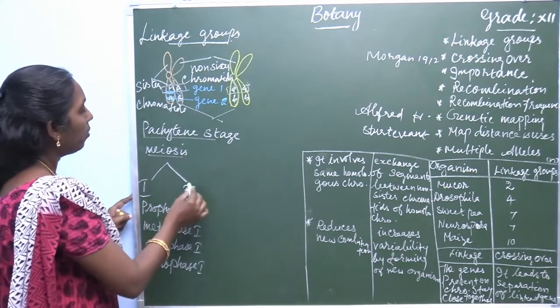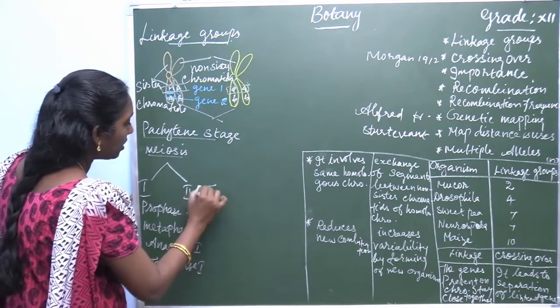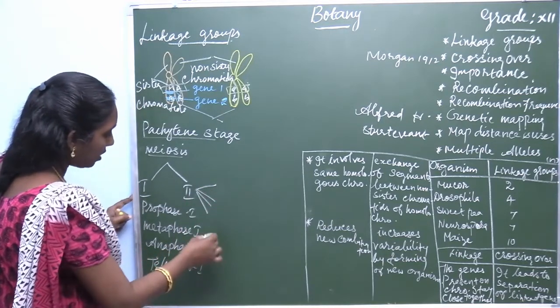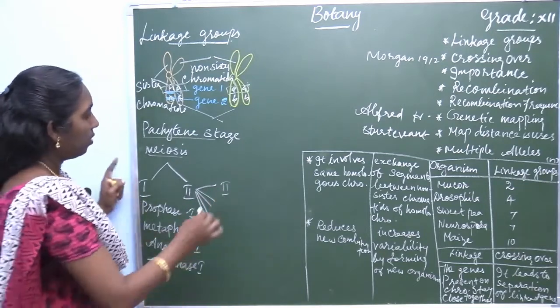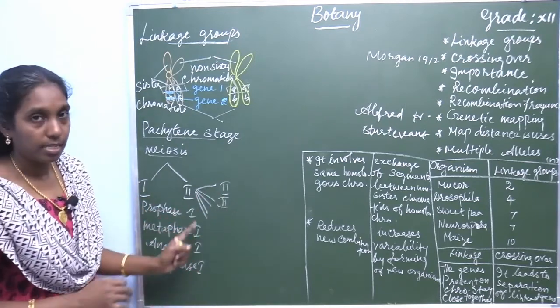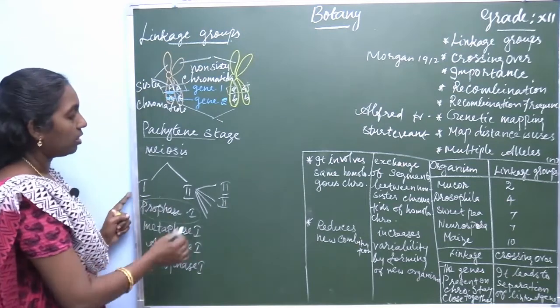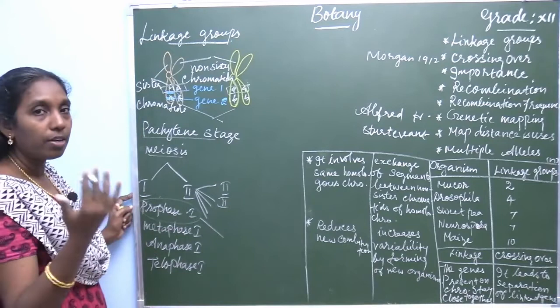Meiosis 2 also contains prophase, metaphase, anaphase and telophase 2. Everything has the same stages.